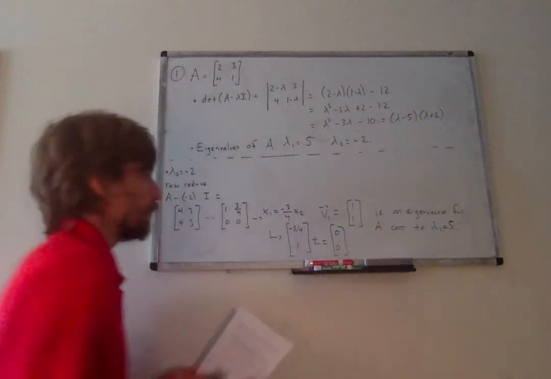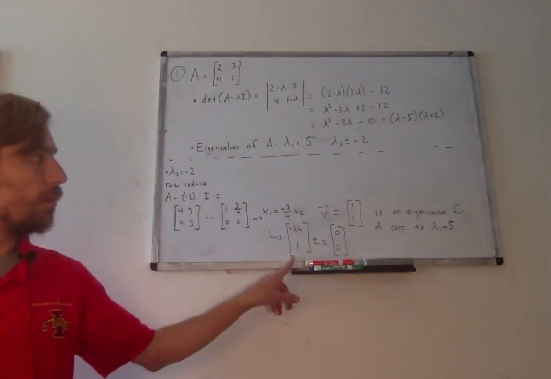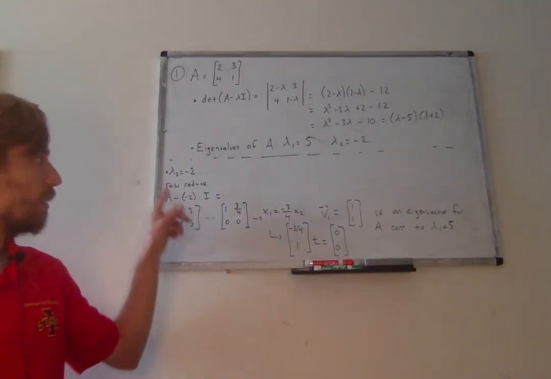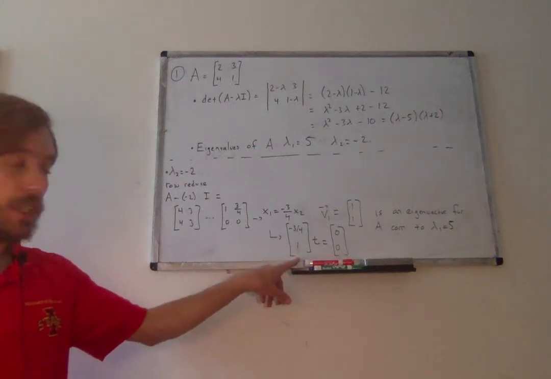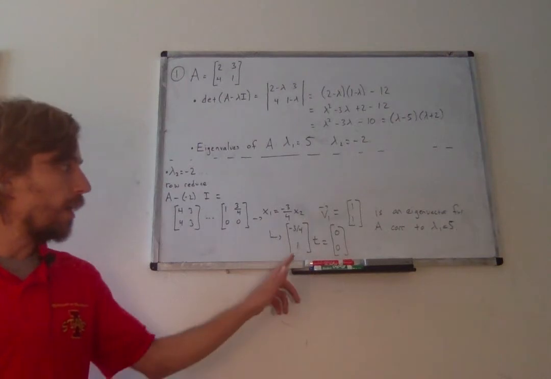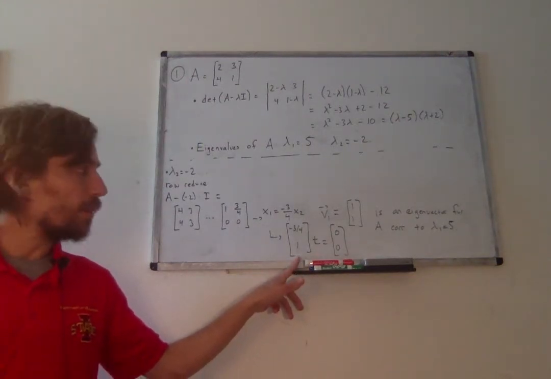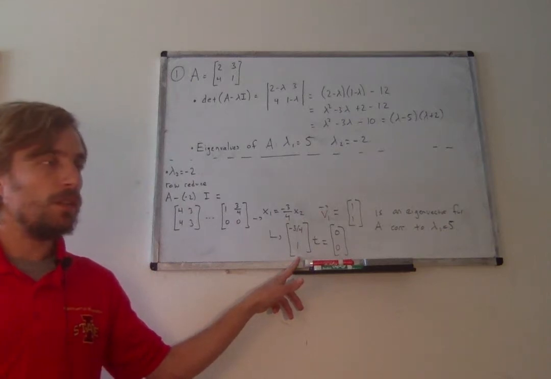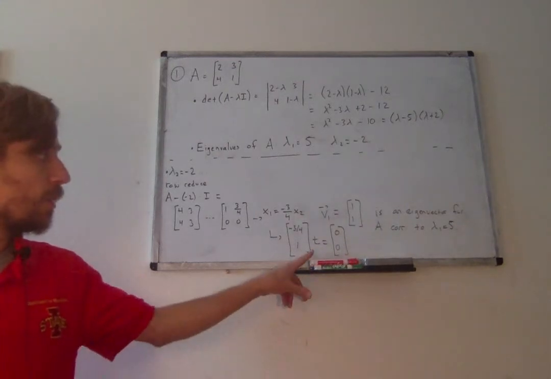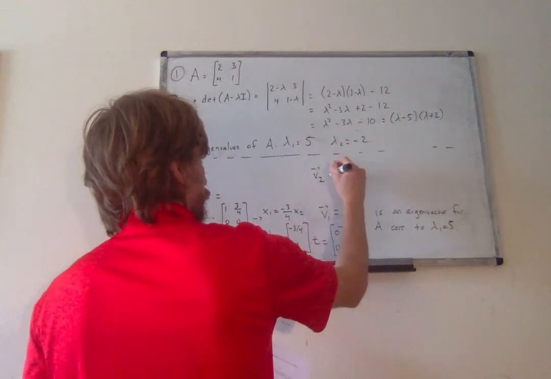So looking at this, I haven't used this trick yet, but I will often use this trick. Notice negative 3/4, 1 would be an eigenvector corresponding to negative 2. But remember, every scalar multiple of this vector is also an eigenvector. So in this case, I'm going to let t equal 4 because this will get rid of all the fractions.